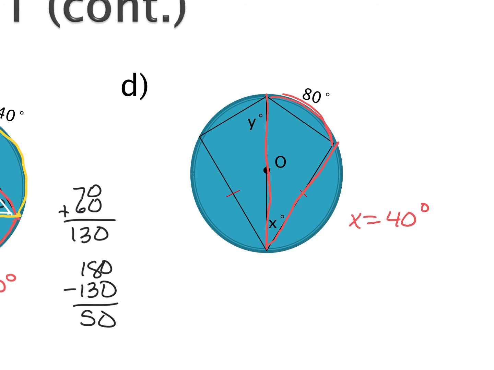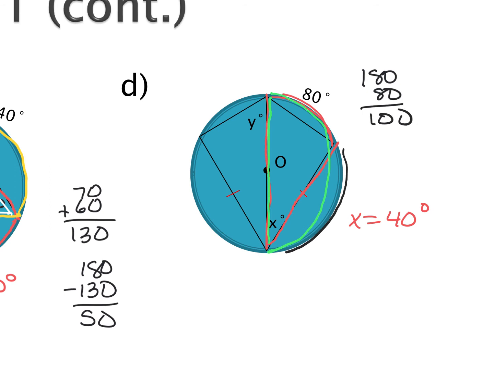Next, I can find y, and I can do this, again, several different ways. What I could do here is, if I realize that this is, again, a diameter, and this is a semicircle arc, I could do 180 minus 80, and this piece is 100.